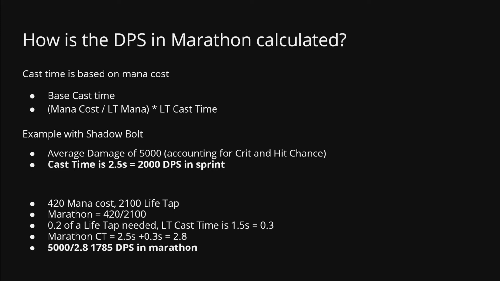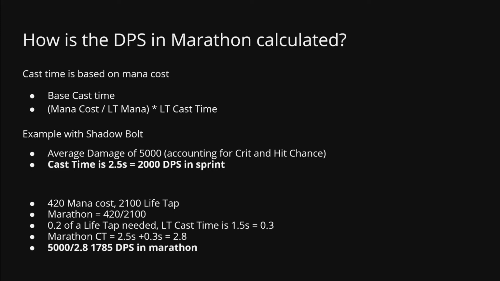The cast time of life tap is a global cooldown, which is 1.5 seconds, which if you do 0.2 of a life tap times 1.5, you get 0.3 seconds. This is added to the base cast time of a Shadow Bolt, which means 2.5 seconds plus 0.3 seconds, resulting in 2.8 seconds, right? Which is your new marathon cast time, essentially.